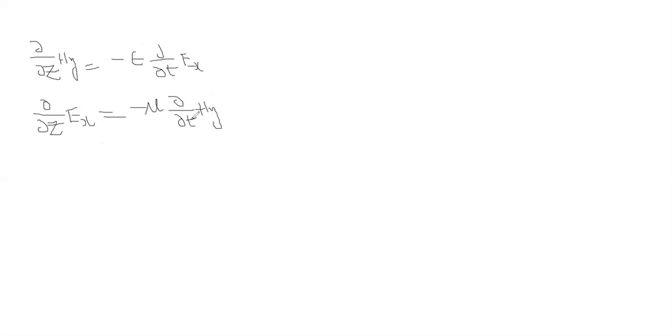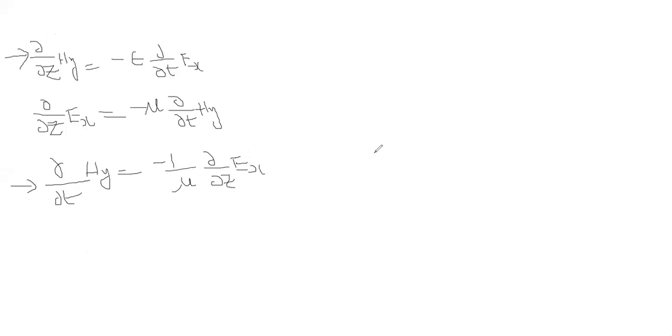Now modifying this equation, dou by dou t of Hy is equal to minus 1 by mu into, cross multiplying this equation, dou by dou z of Ex. See in the left hand side in this equation and in this equation, dou by dou z Hy, dou by dou t Hy.